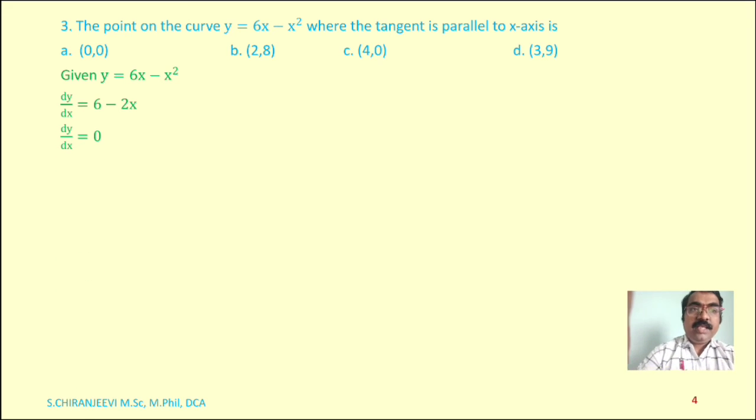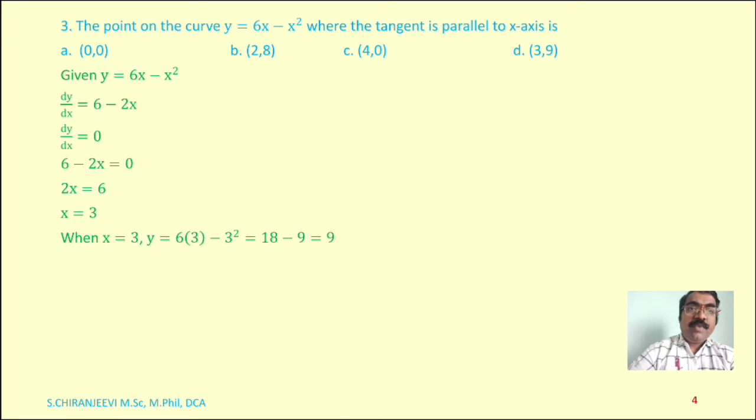So dy by dx equal to 0. So 6 minus 2x equal to 0. 2x equal to 6 and x equal to 3. So when x equal to 3, the value of y will become 6 into 3 minus 3 square, which is 18 minus 9 equal to 9. So the point is 3, 9. So which is option D.